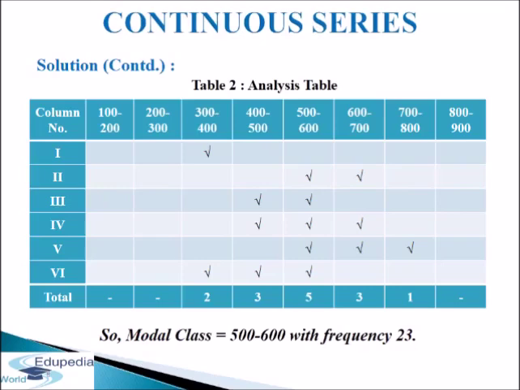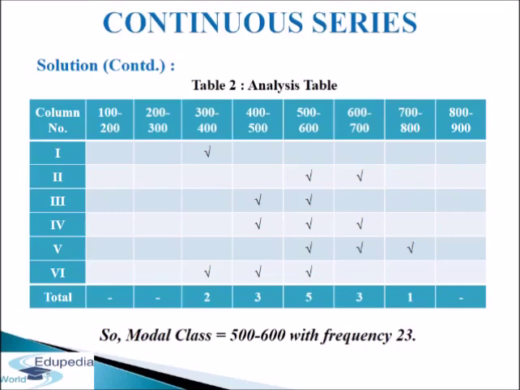In this column, you can see in the grouping table, the highest total of frequency we got is 63. 63 we got by adding up 25, 15 and 23. 25 is the frequency of 300 to 400, so we will put a tick mark against 300 to 400. 15 is the frequency of 400 to 500, so we'll put a tick mark against 400 to 500. And 23 is the frequency of 500 to 600, so we'll put a tick mark against 500 to 600.